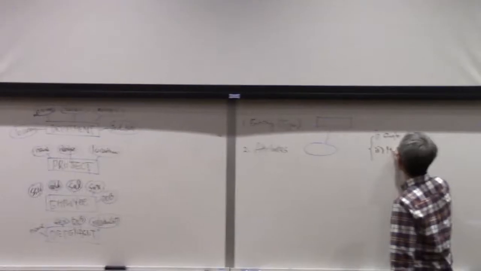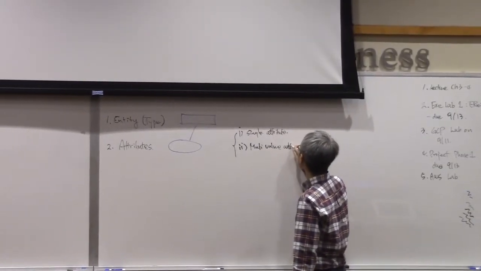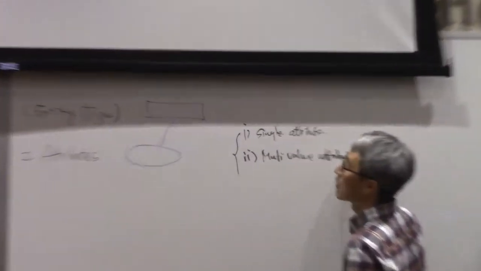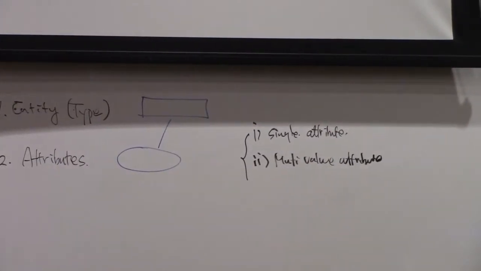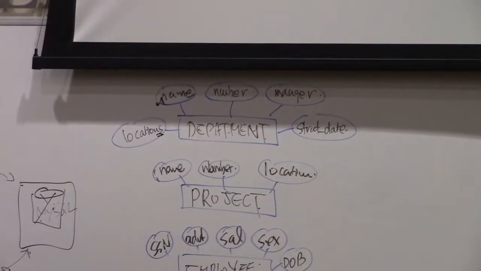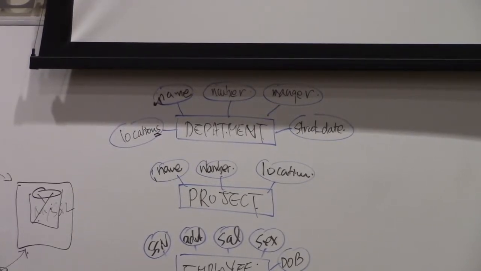However, some of them are multi-valued attributes. So a multi-valued attribute is, for example, this one, the department location. It's multi-valued. Later we will see why multi-valued is important.